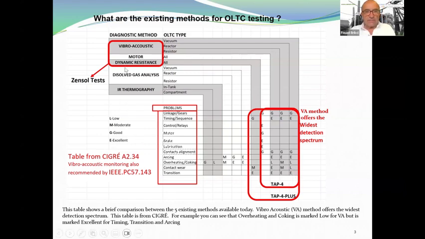Here you can see the 5 methods: vibroacoustic, motor current, dynamic resistance, dissolved gas analysis, and thermography. And here all the problems are noted in this part. In fact, we can say that the Zensol is able to do these 3 tests in only 1 test.